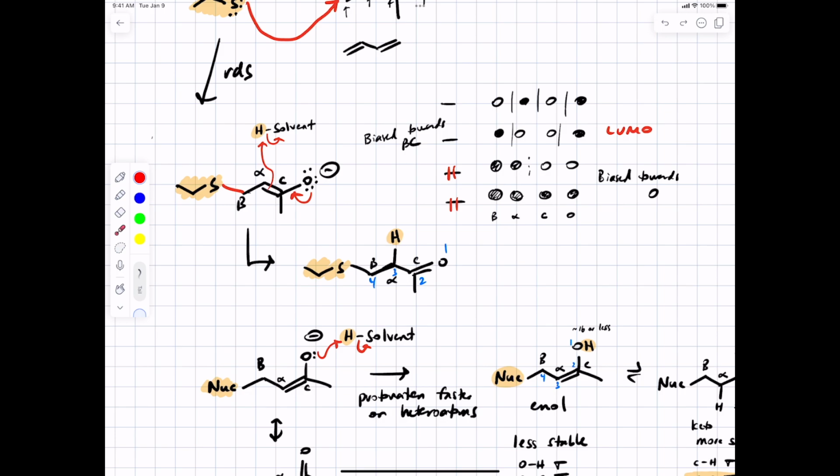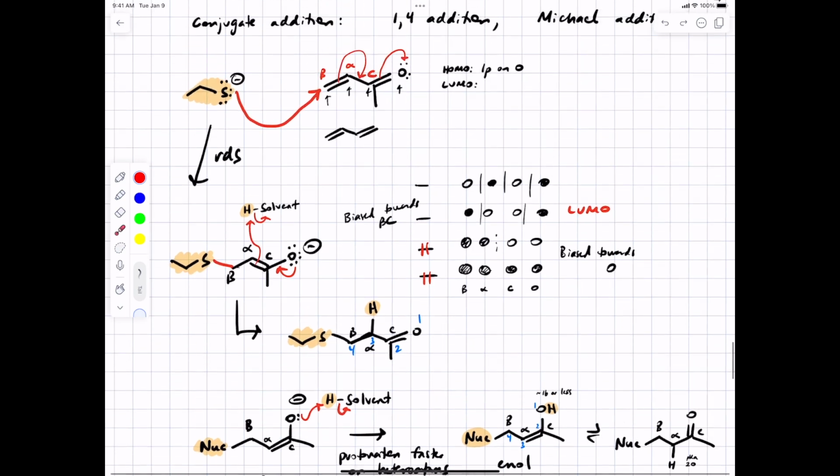That actually correlates pretty well with hard-soft acid-base theory. That is, harder nucleophiles tend to attack at the carbonyl carbon. Softer nucleophiles tend to attack at the beta carbon.